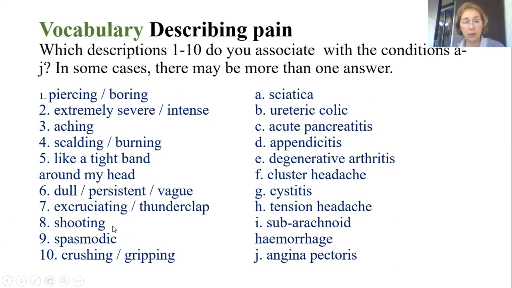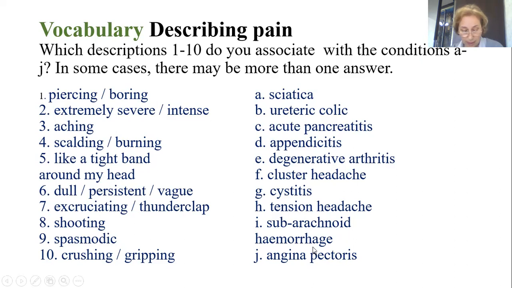And excruciating thunderclap pain. I forgot how to pronounce it. This is sciatica. Yeah, sciatica. Okay, right. Or it can be subarachnoid hemorrhage.